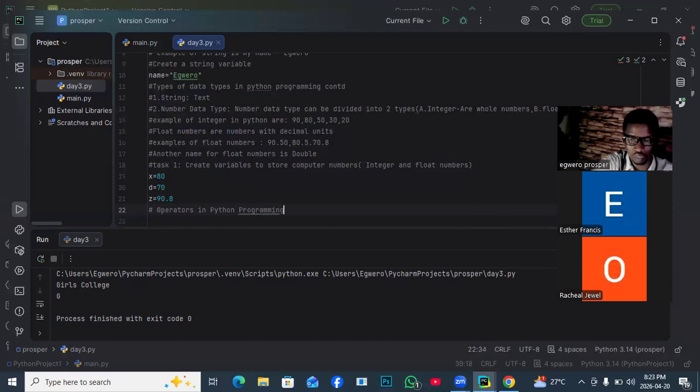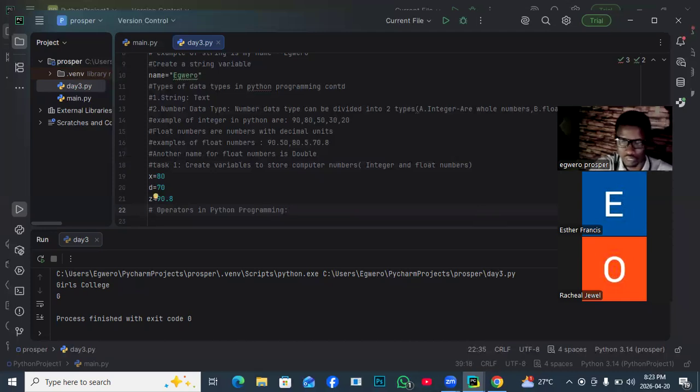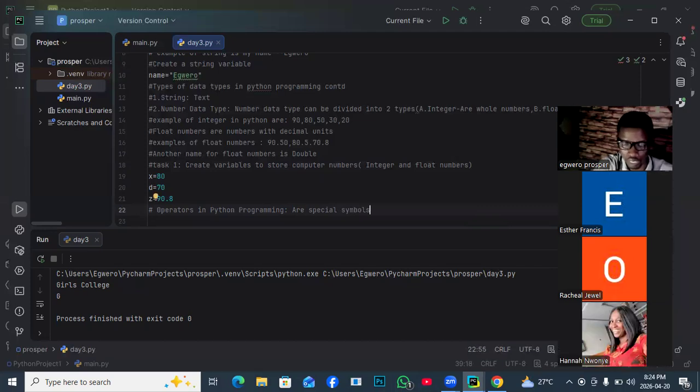Operators in Python programming. So let's start with the definition. What is an operator in programming? Not just Python. Anytime you hear programmers using the word operator, what it means is special symbols.